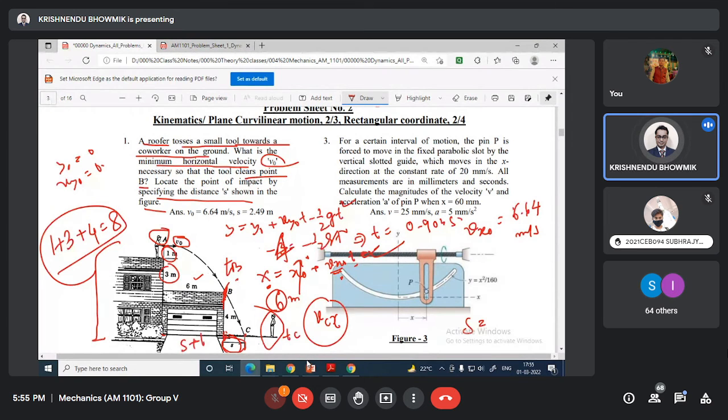Somebody can come from here also. s plus 6 equal to vx, this is fixed, correct? x0 t. Then we need this t value only. What is the t? Time required.